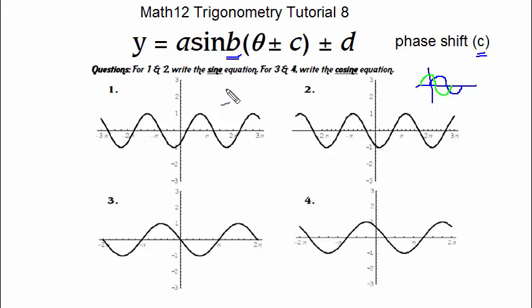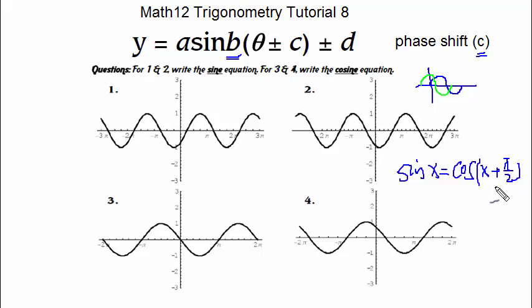Why is that? Because the sine function and the cosine function are pretty much the same, except they are pi over 2 phase shift. When we did trigonometry in Math 11, we learned this: sine x equals cosine of x plus pi over 2.